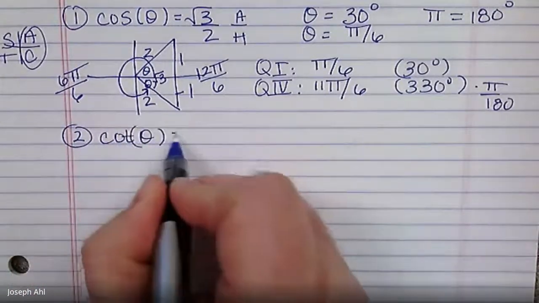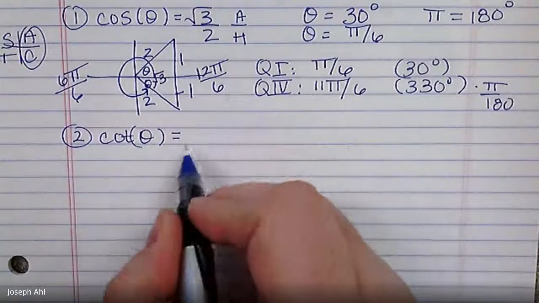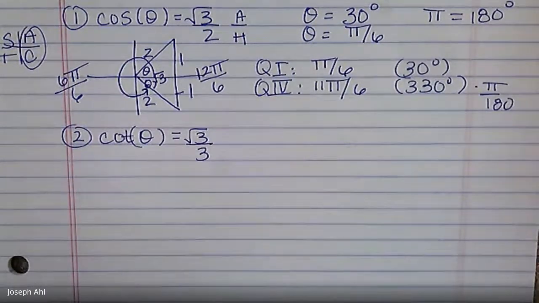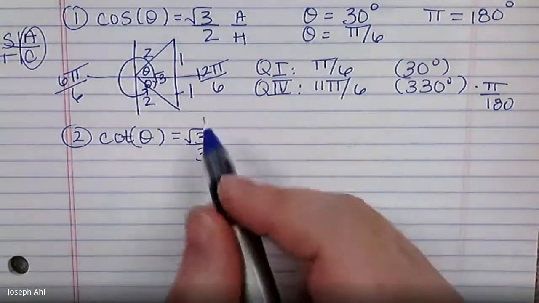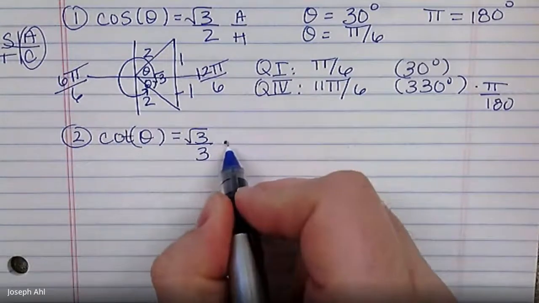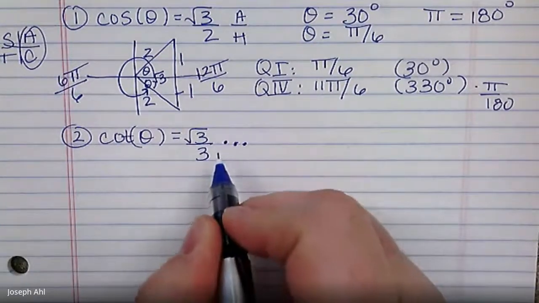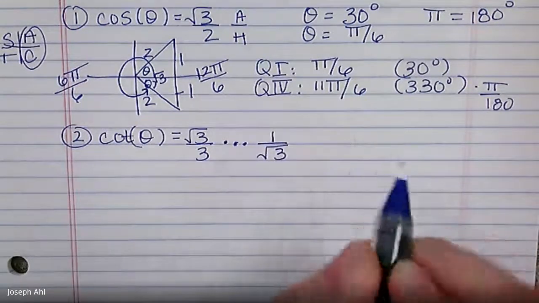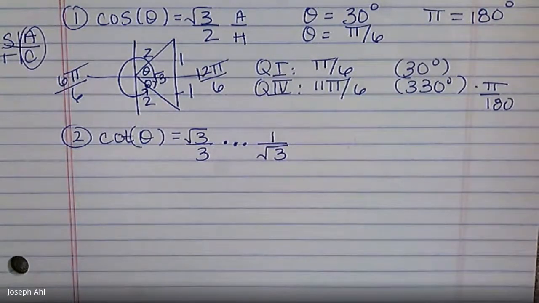Cotangent theta equals, let's do radical 3 over 3. Okay. When you see something like radical 3 over 3, what I want you to recognize is that prior to becoming radical 3 over 3, it most likely was this ratio right here, 1 over radical 3.